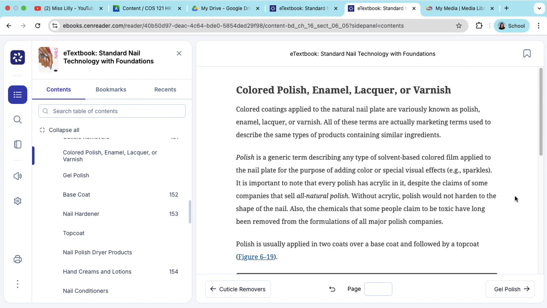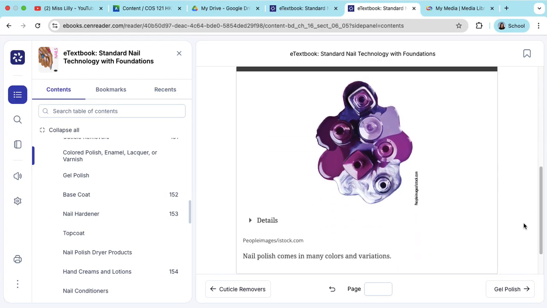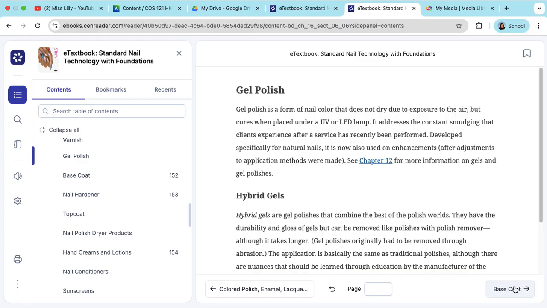Color polish, enamel, lacquer, or varnish. Polish is a generic term for describing any type of solvent-based color film applied to the nail. Gel polish.